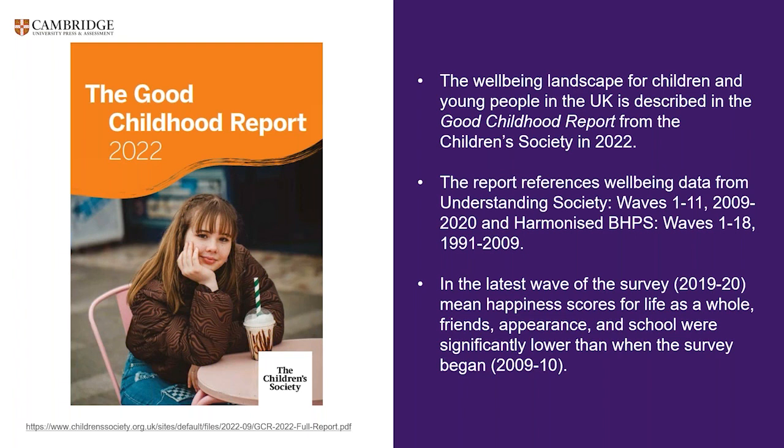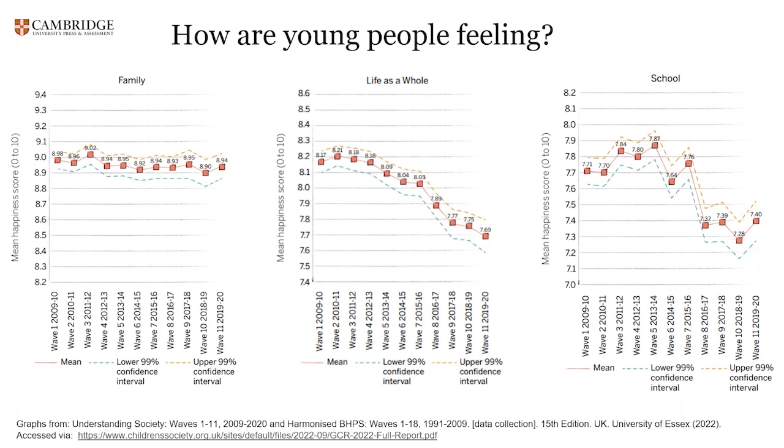This is based on a survey that covers about 5,000 households across the UK, and unfortunately it's a little bit gloomy in the sense that, well, on the positive side, family life seems to be fairly stable for children and young people. They're bubbling around there.